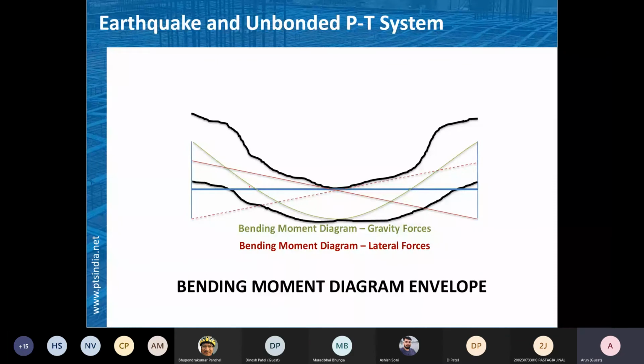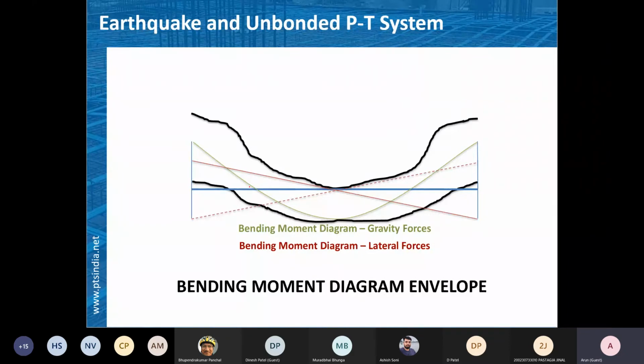the part of gravity, or you can say self-weight part, or a little bit of other dead load part, is being taken care of by the cables or pre-stressing, and other transient loads like earthquake and live load can be taken care of by the passive reinforcement.